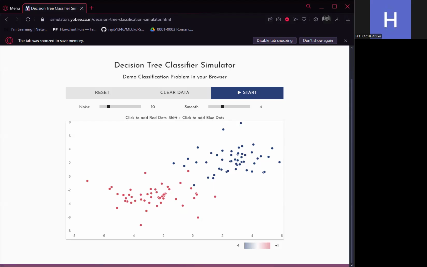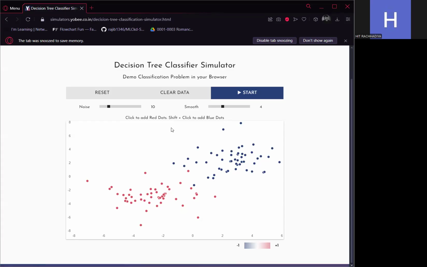Now the advantages of the decision tree: it is easy to understand and visualize. Then non-linear relationships, it can capture complex patterns in data. Then feature importance, it highlights the most important features used in the decision. And it can handle mixed data types, both numerical and categorical data.